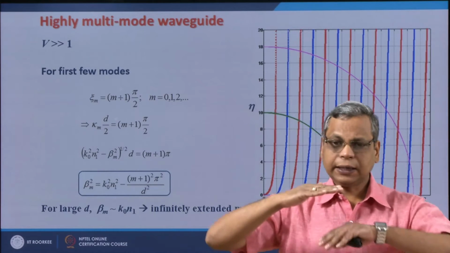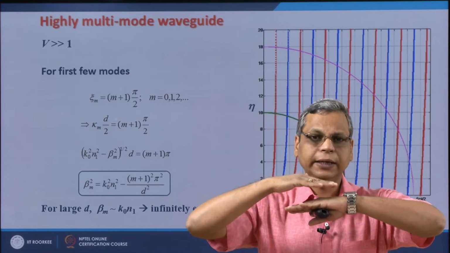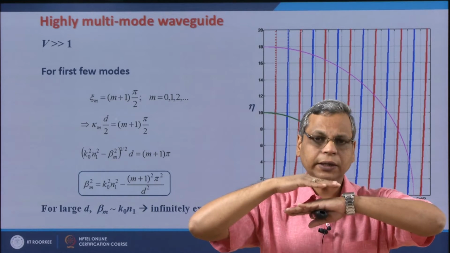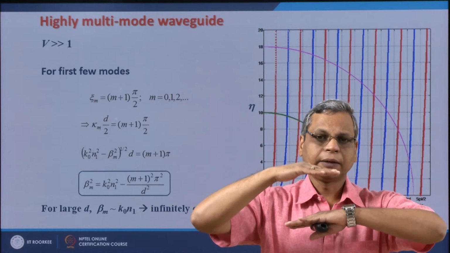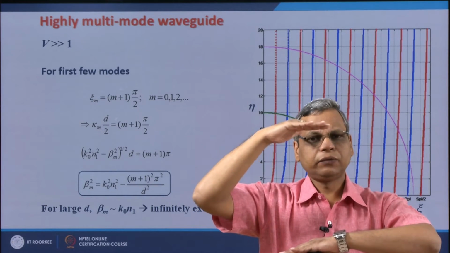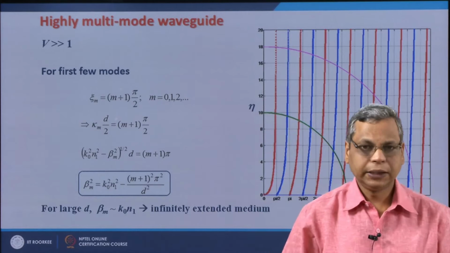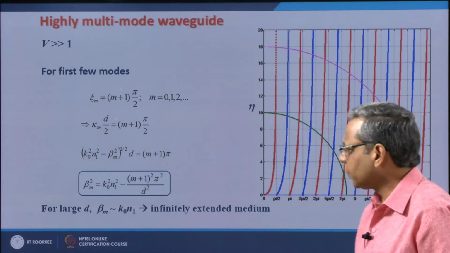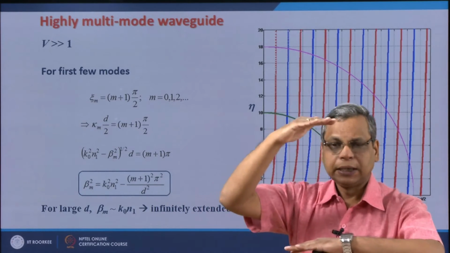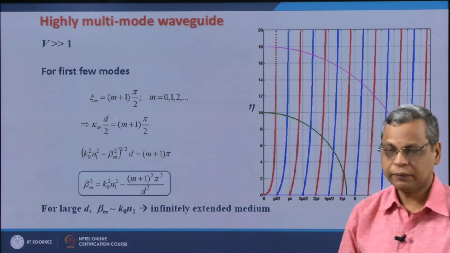If I start from a very thin waveguide, then there are discrete modes and they have propagation constants which lie between k naught n 2 and k naught n 1, but when I increase the width of the waveguide, and the width is very large as compared to lambda, then it is as good as infinitely extended medium. So, the light will propagate with propagation constant k naught n 1, where n 1 is the refractive index of the medium. So, I will approach towards infinitely extended medium if d is very large.